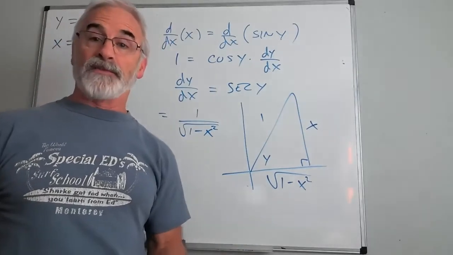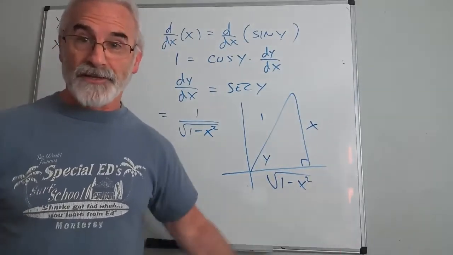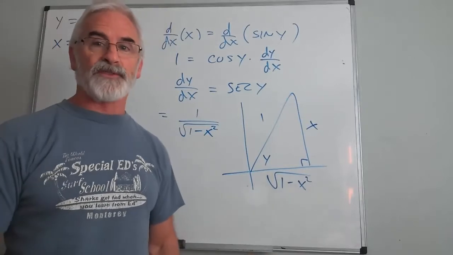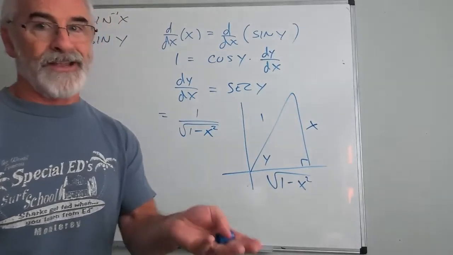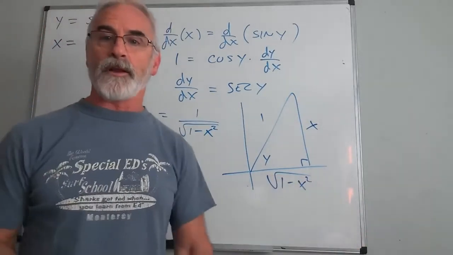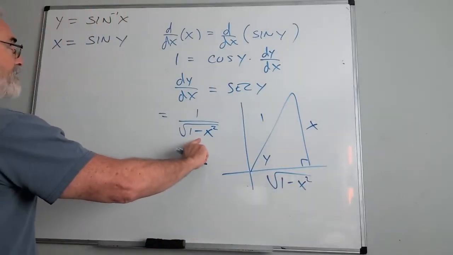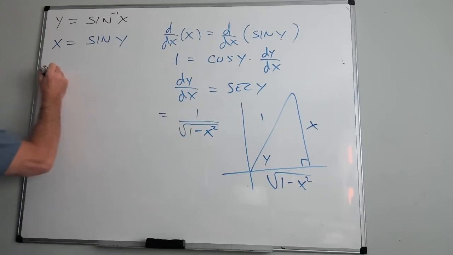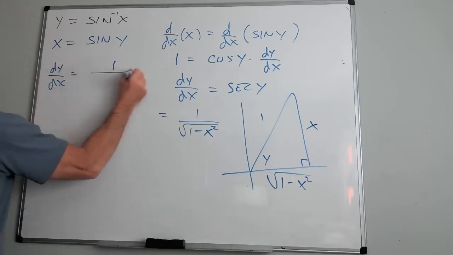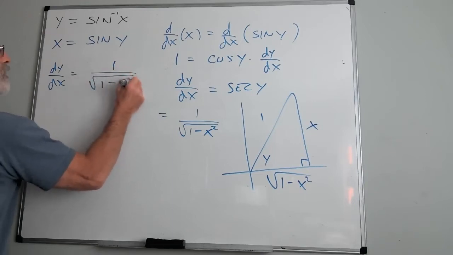In fact, the derivatives of inverse trig functions never produce anything with trig terms in them. Kind of a surprise, but the derivative of the natural log didn't produce anything with a log in it, so that's par for the course. So this is our derivative. Let's write it down: dy/dx is 1 over the square root of 1 minus x squared.